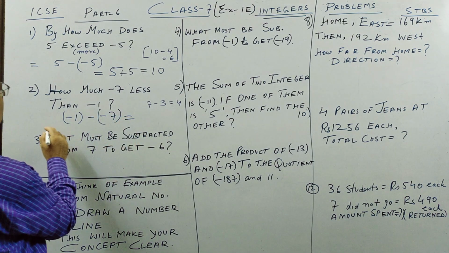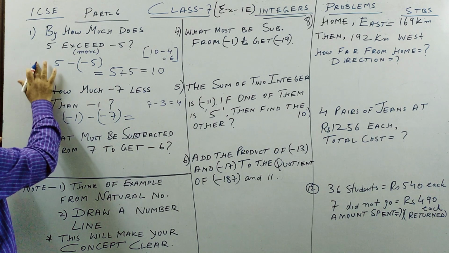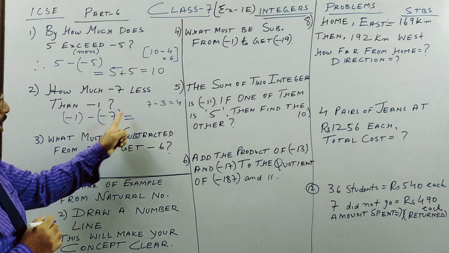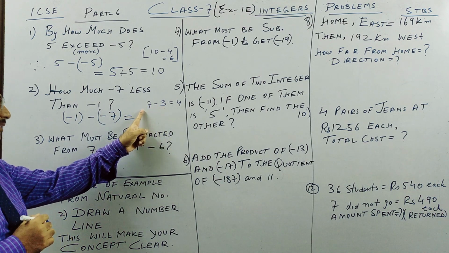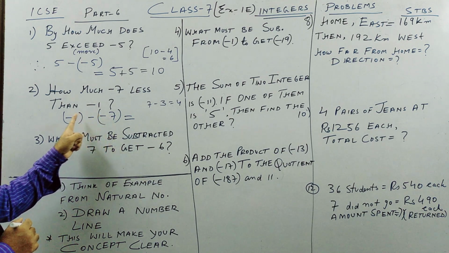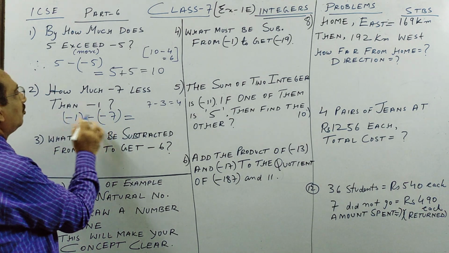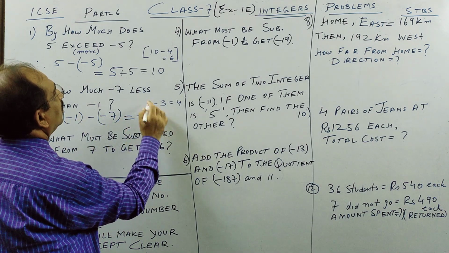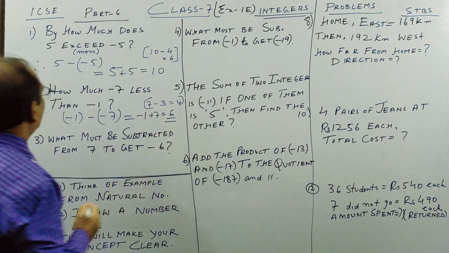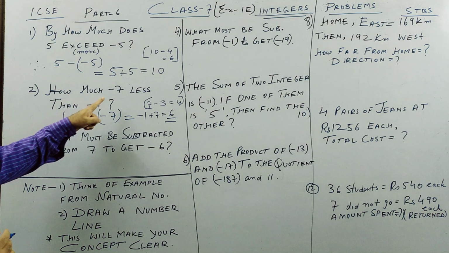Same way. So we subtract minus 7 from minus 1. This is my example. Plus 7 is 6. So minus 7 is less.